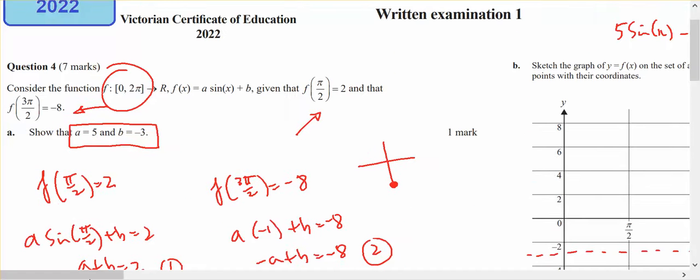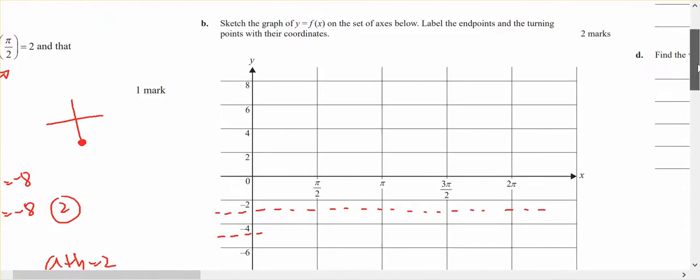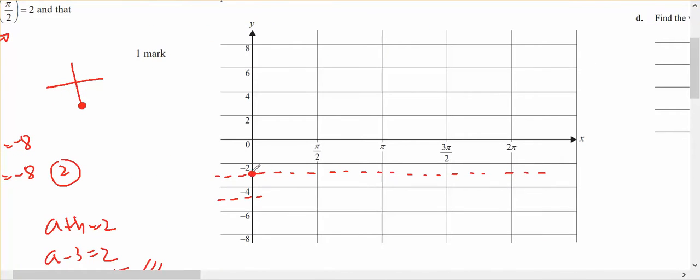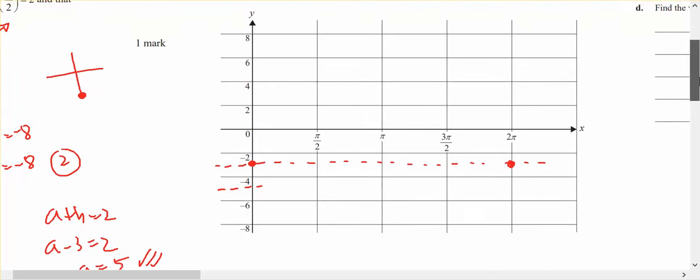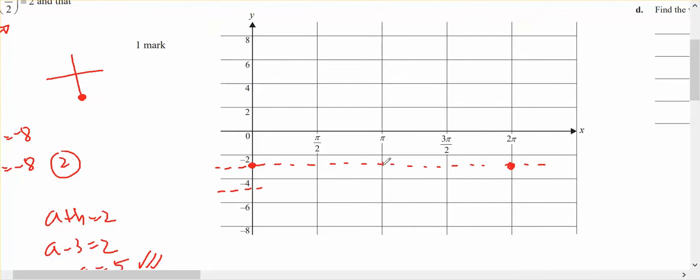And I know that my sine will start at the median, and at 2 pi finish at the median, and we'll go up and down 5.